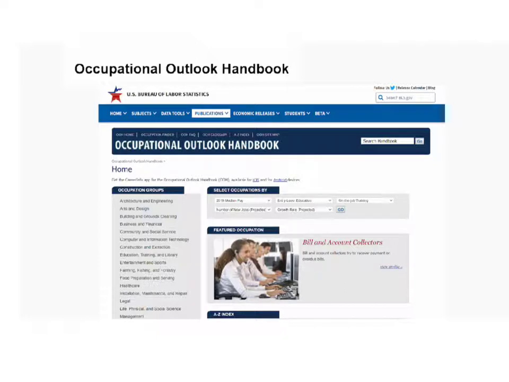It's all available on the web at bls.gov/OOH, Occupational Outlook Handbook. Give it a look. I think you'll find it interesting.